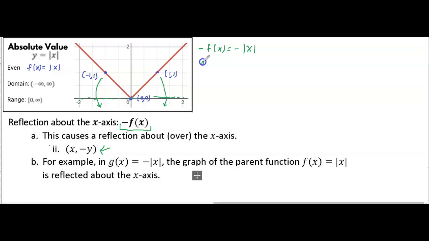If I have the point 0, 0, which I have already marked here, I expect to have a 0, negative 0, but that is just 0, 0, which is expected. It says this point, as things get flipped, will just stay in the same spot. We have 1, 1.